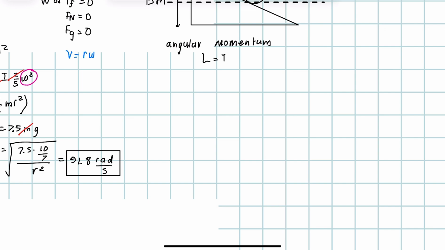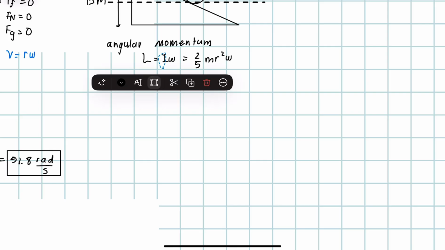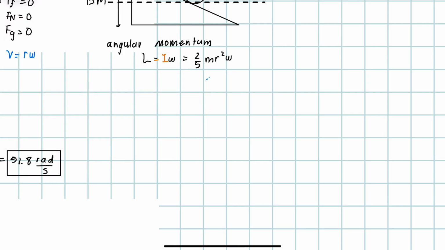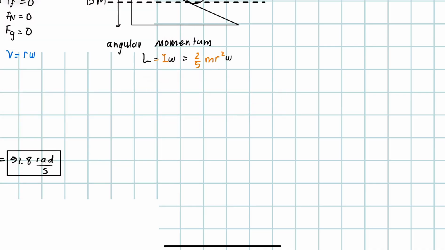That is 2/5 mr squared times omega, because this is our I, the moment of inertia for the shape that we have. So now plugging in our values, we have 2/5 times 20 times 0.2 squared times 51.8.